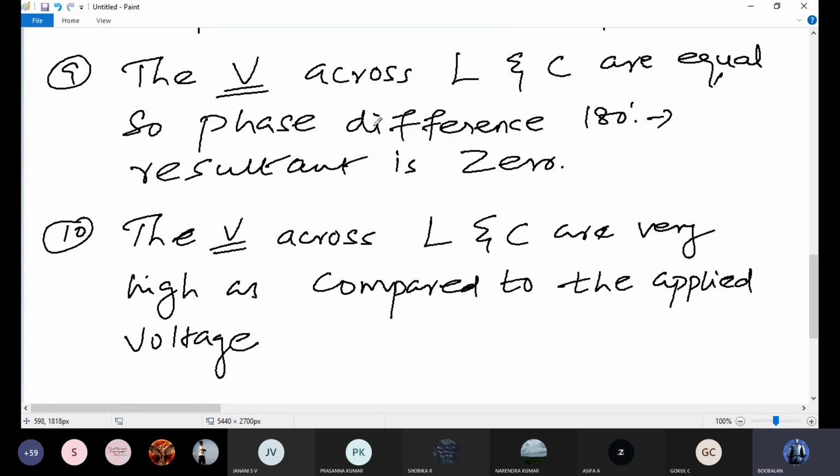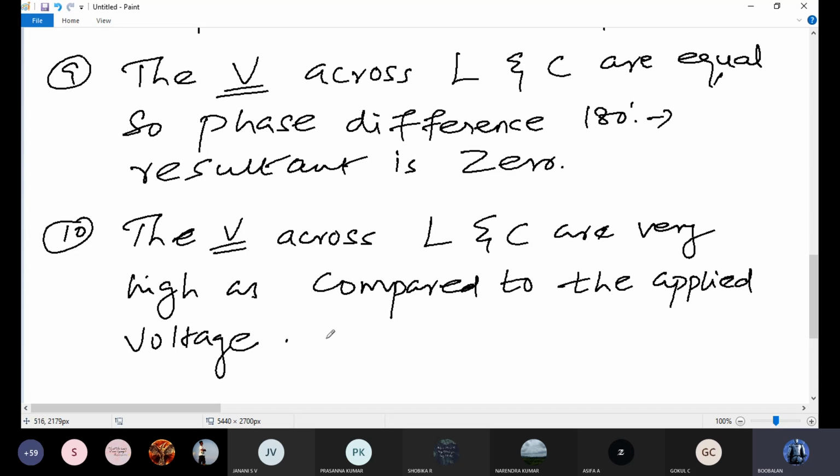So this is a 1 mark question, every 1 mark is very valuable. So please understand, take notes properly, refer to your book. So in this condition, V across L and C are very large as compared to applied voltage.